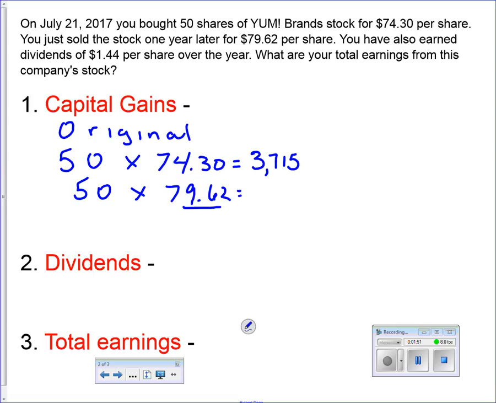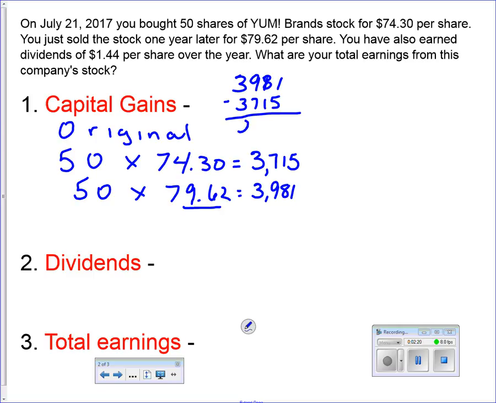So what we get from the sale is $3,981. So to find out how much money we earned from this, we would have to take our earning, the money we got back, minus the money that we initially invested.